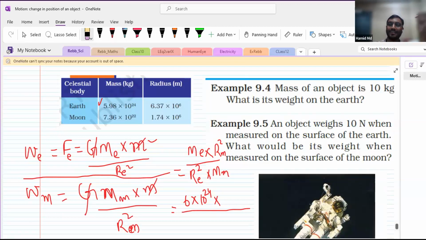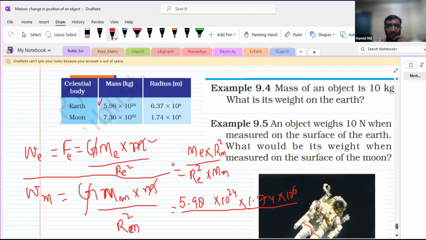I have a mobile calculator. I will do the calculation, so don't worry. You must be thinking, sir is approximating it, and I was doing the exact calculation. So 6 into 10 raised to the power 24. What is R of M? 1.74 into 10 raised to the power 6.